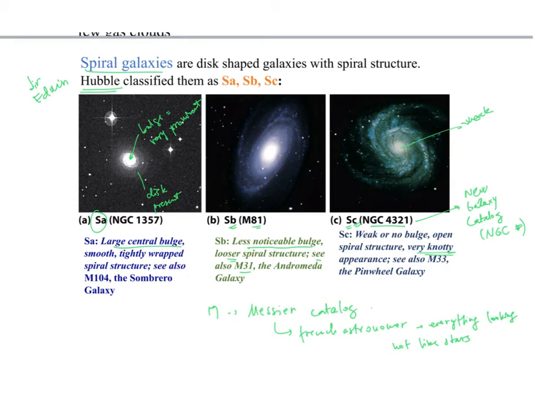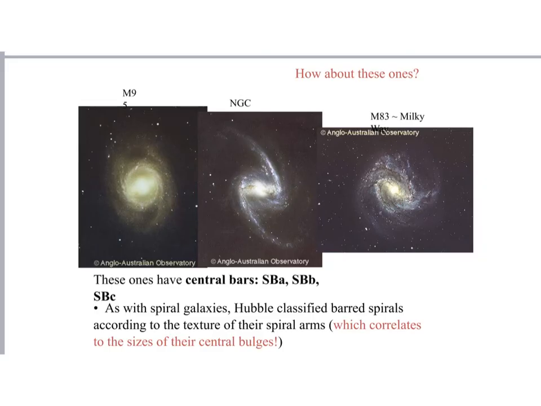Okay, we came up with some types, classes, subclasses of spiral, and then people thought, well, why don't we do that for the spirals with bars. These are spirals with, can you all see there is something going on in basically all of these galaxies?